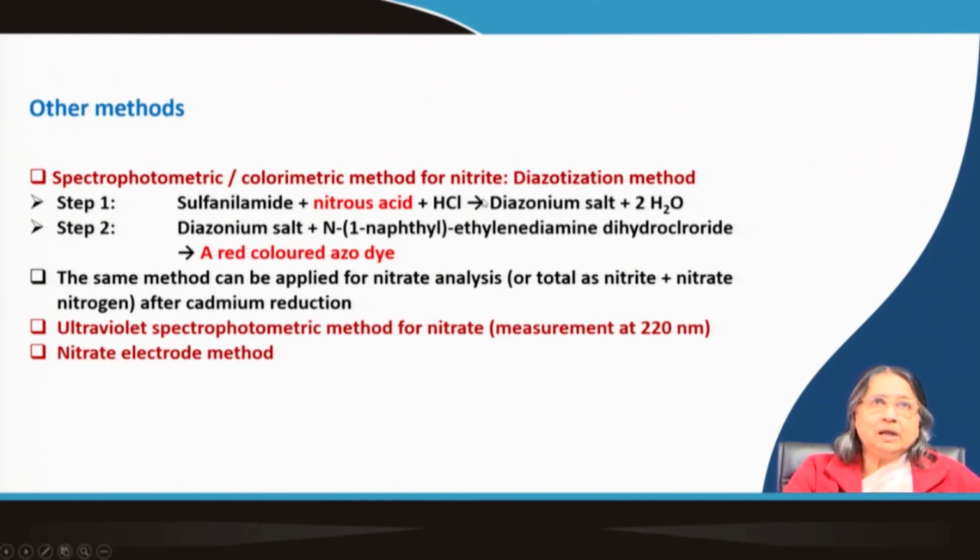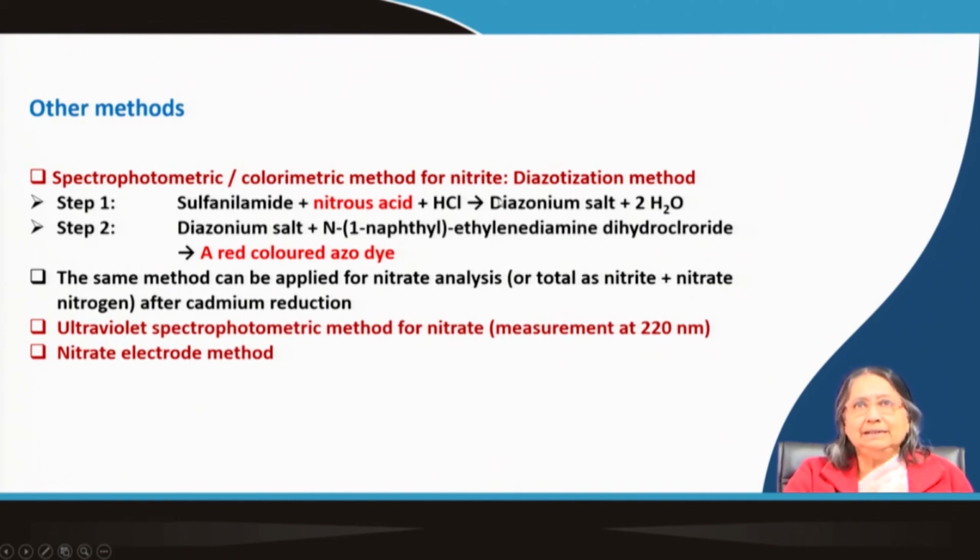And then what you will do actually, there are 2 steps. In step 1 you take sulfanilamide and then nitrous acid, HNO2, which is nitrite in acid form because you are using acid. Ultimately it will be nitrous acid, but it is a method for nitrite determination.